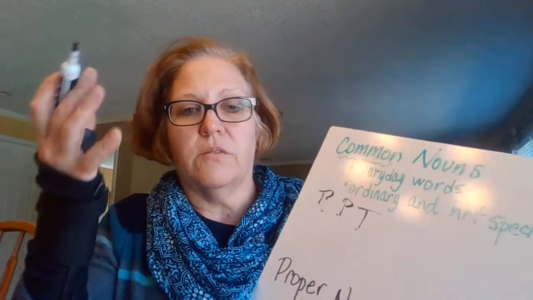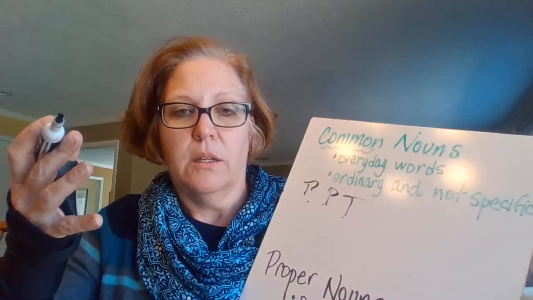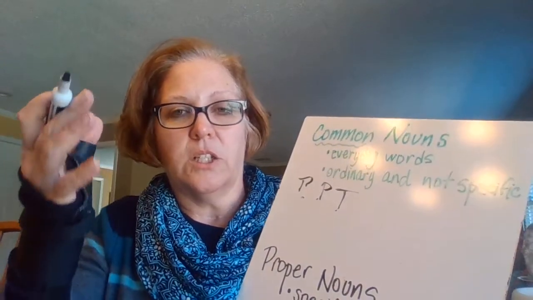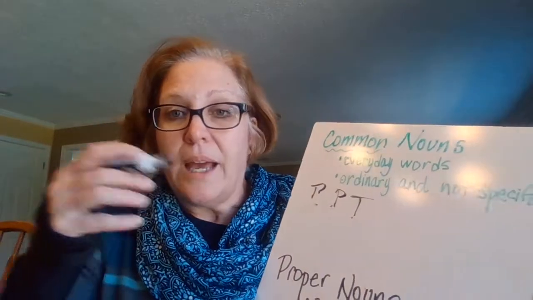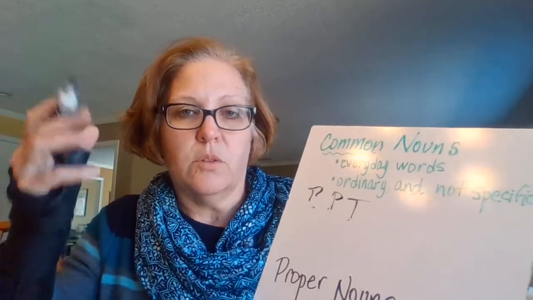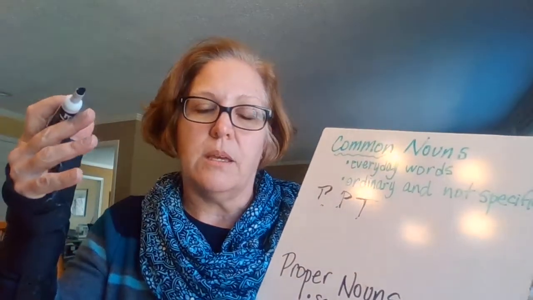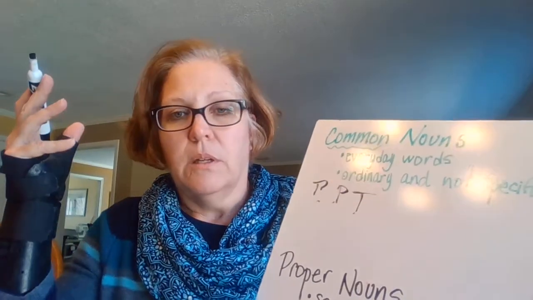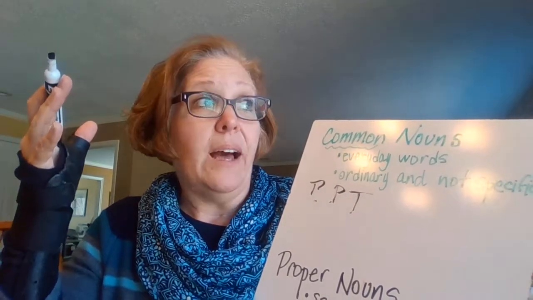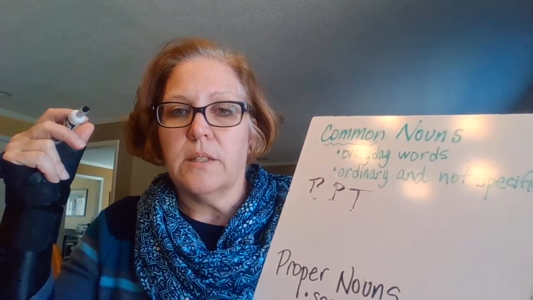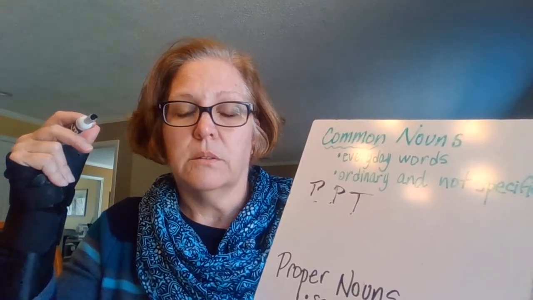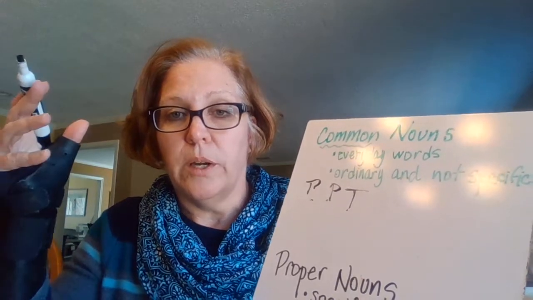Those are all things that are very concrete. You can put a hand on it, you can touch it, you can feel it, right? But they're not anything specific. So a cat, a dog, a baby, an apple, a flower, as I'm looking outside, a tree, a person, a girl, a boy.